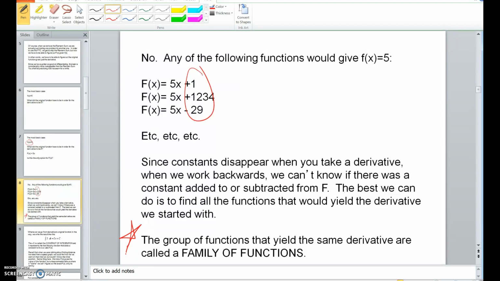A lot of times when we are trying to find an antiderivative in general, we'll write the solution as capital F, and that's another convention. The capital letter stands for the antiderivative, which is 5x plus c. This c is called the constant of integration.